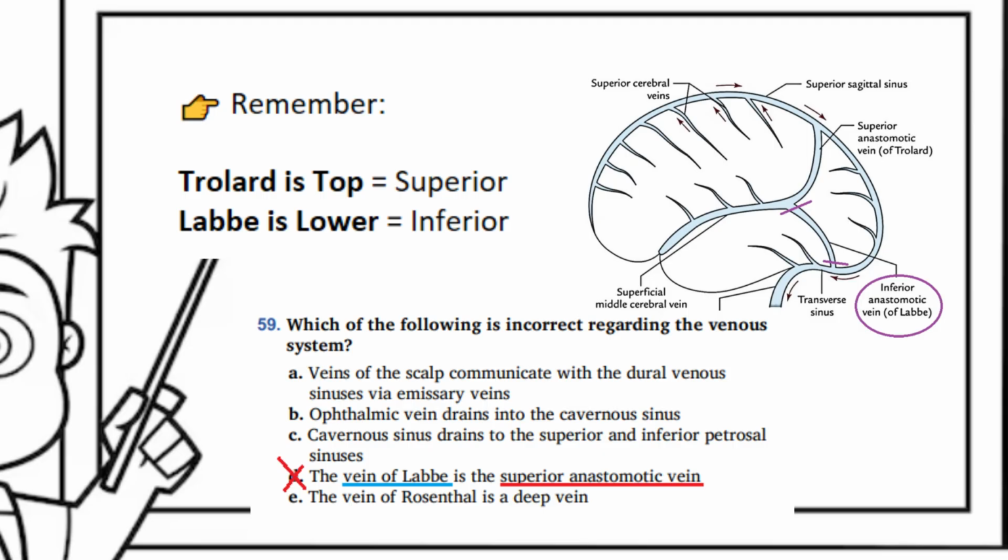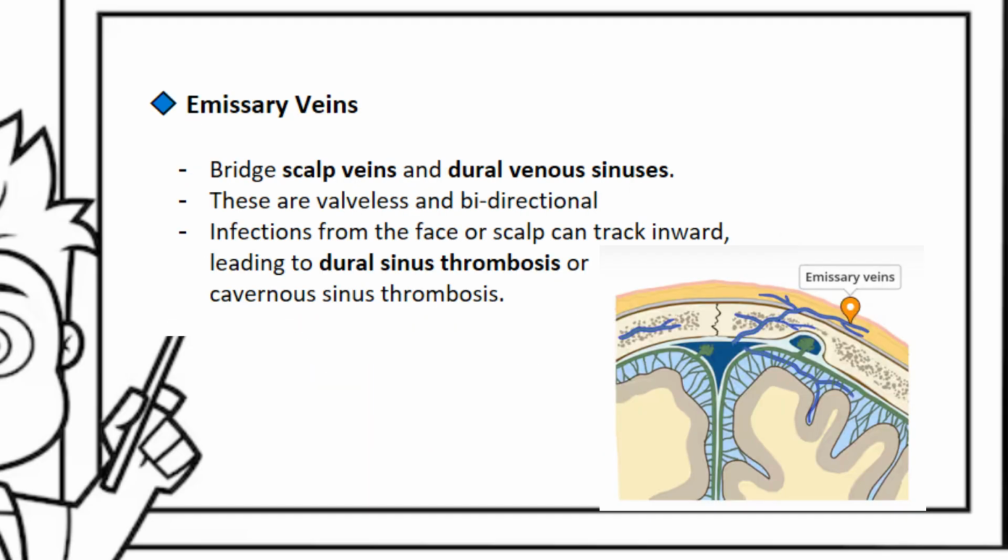After the superficial veins, our eyes hit something we call the emissary veins. These are dangerous highways. The emissary veins bridge the scalp veins and the dural venous sinuses. These veins are valveless, making them bidirectional and, more importantly, clinically dangerous.